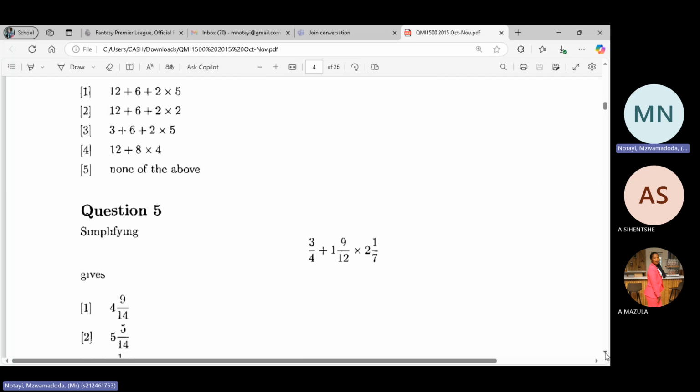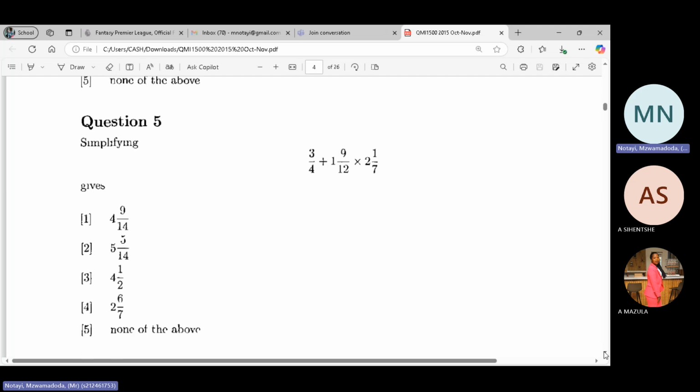Number 2 involves the fractions that we did today. But because we have run out of time, I would like you guys to take a screenshot of it and then try and practice it and see what you can get. We have 3 over 4 plus 1, 9 over 12 plus 2, 1 over 7.